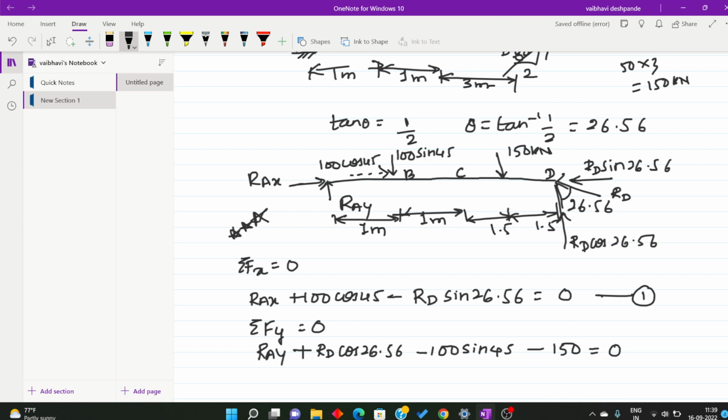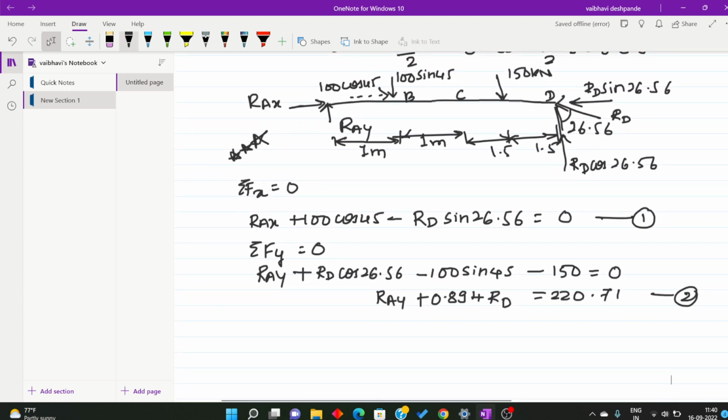Simplify this: RAY plus 0.894 times RD is equal to 220.71. Let this be equation 2.